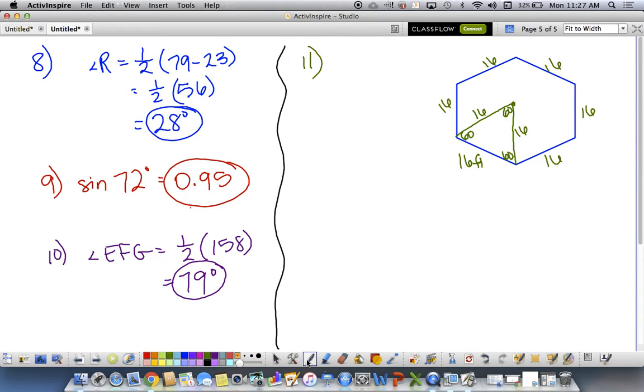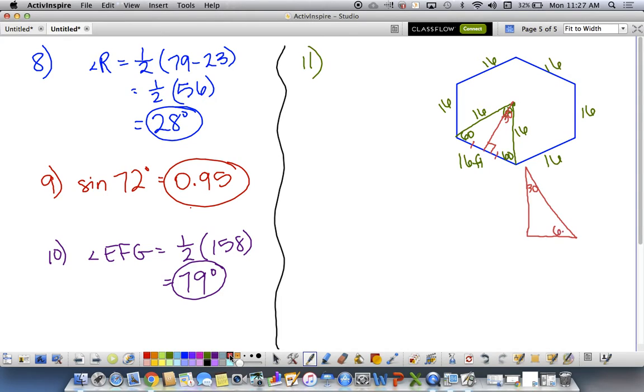All the sides are 16, all the angles are 60 degrees, okay? So how can I find the area of one of these triangles? What do we do with isosceles triangles? We cut it down the middle, make it a right triangle, divide the base in half, divide the angle in half.